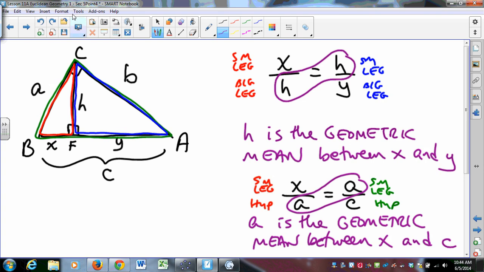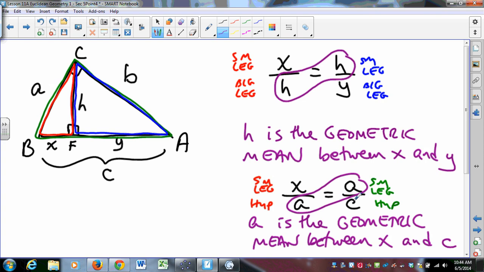So if I had a gorilla up here at infinity shining a flashlight down, this side would project its shadow on the hypotenuse. The leg is the geometric mean between its shadow and the whole hypotenuse.